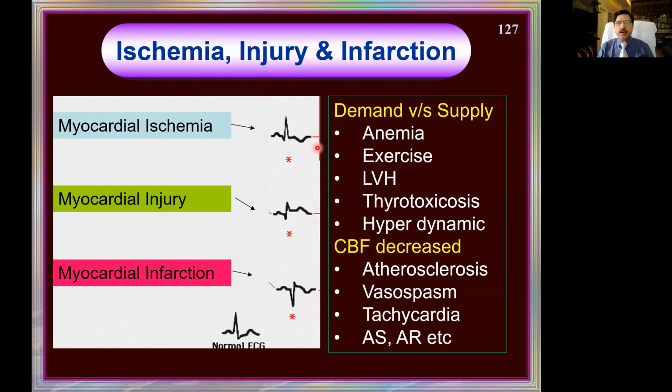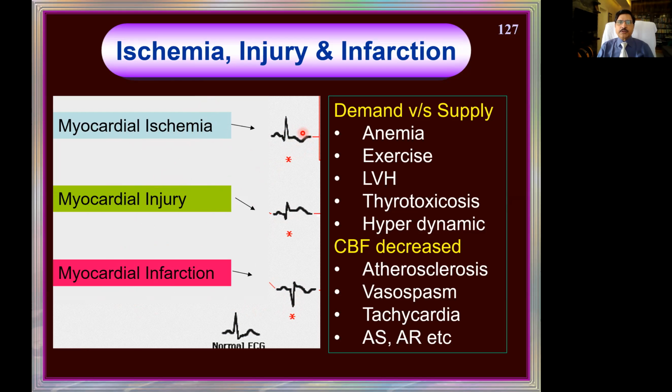In such a situation, you only get a T wave change. Ischemia alone says T wave change. If there is an injury to the myocardium, then it results in ST segment elevation, and if there is an infarction, it results in Q wave formation. Total loss of blood supply is infarction, relative loss of blood supply is injury, and deficiency in the blood supply but no injury, that is called ischemia.